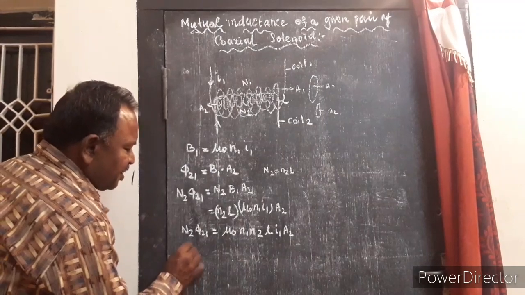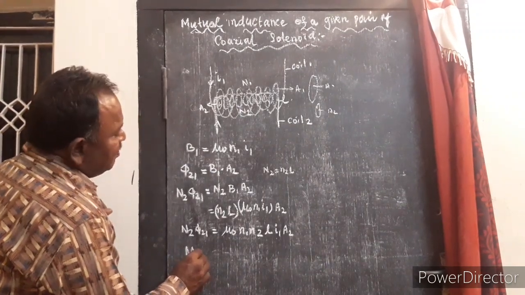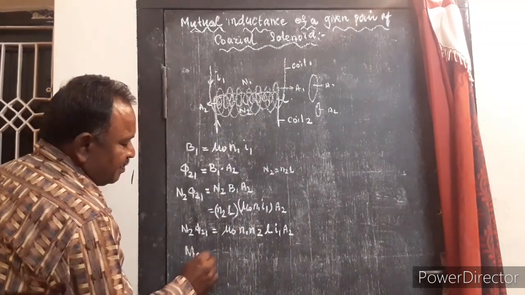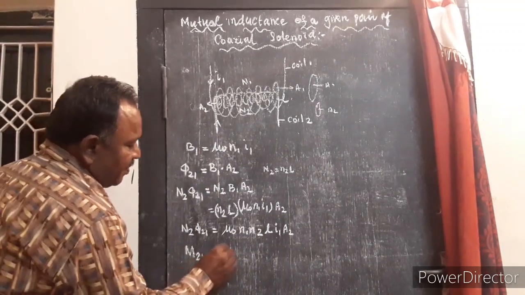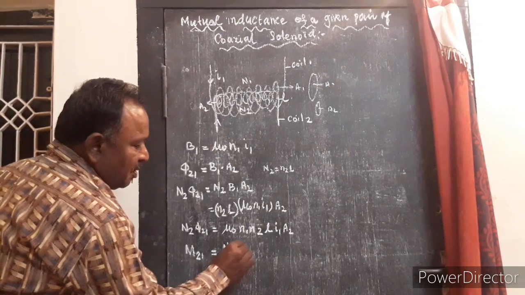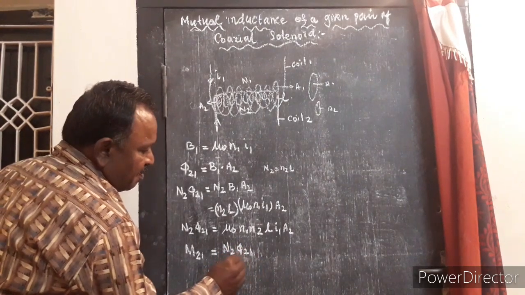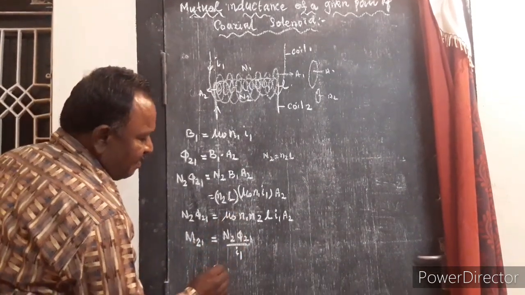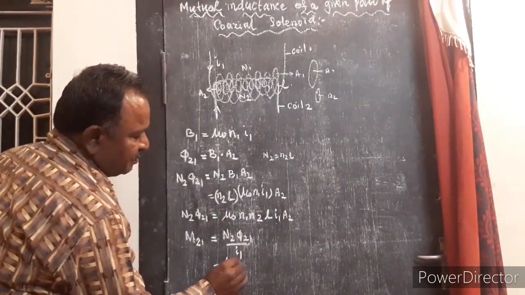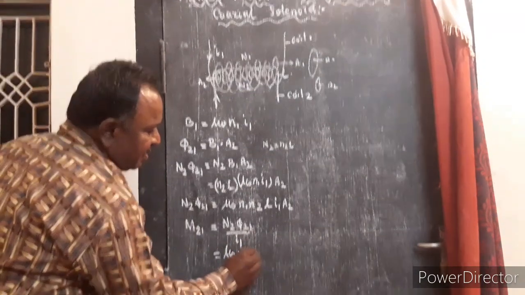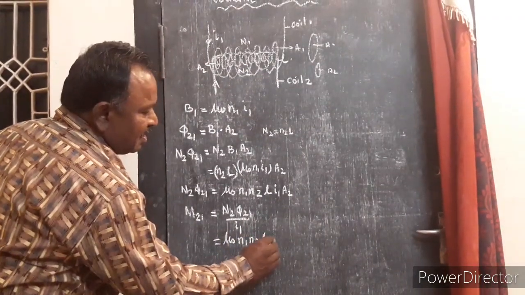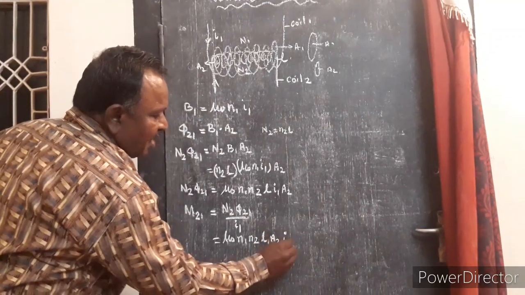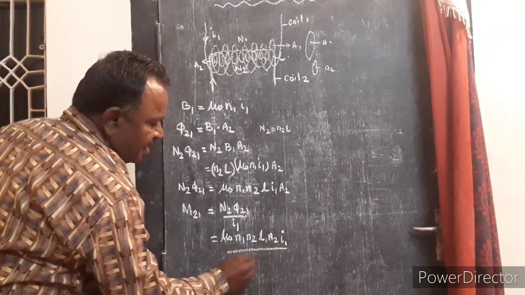But mutual inductance is given by M. This is for the second solenoid. So M21 is equal to N2 phi 21 by I1. Substituting this, you will have mu naught n1 n2 L A2 I1 by I1.